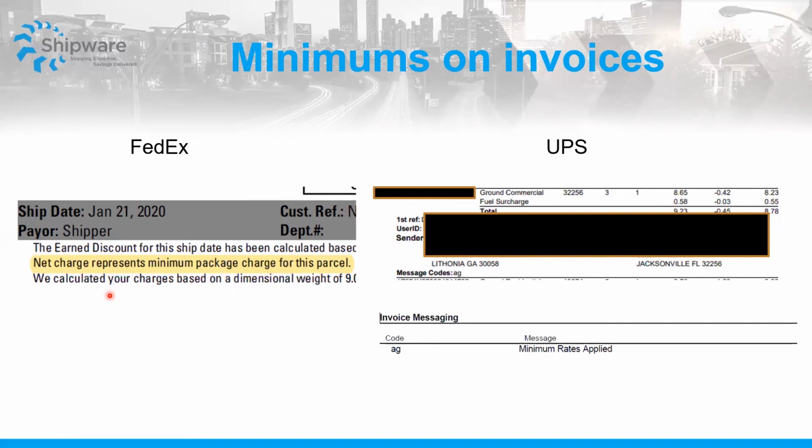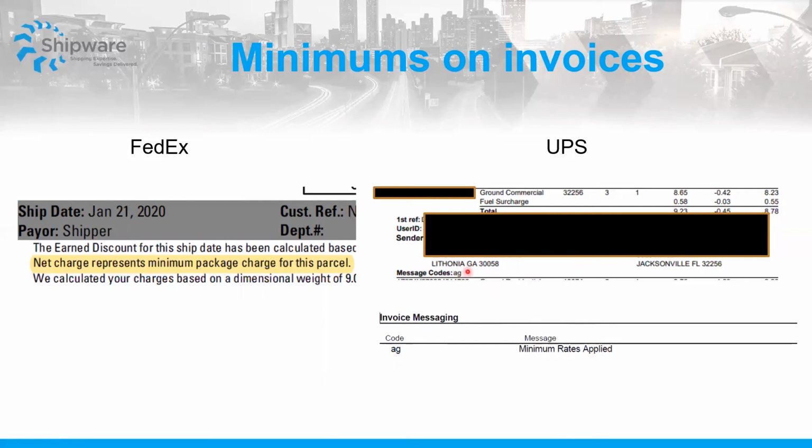UPS has their invoices structured a little bit differently. They have these invoice message codes that they use to show what changes were made or what rating logic was applied to each individual shipment. So for UPS, they have this message code called AG, which means minimum rates applied. I have no idea what AG stands for, but it means minimum rates applied for UPS.